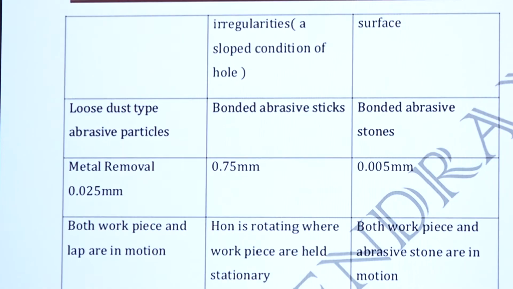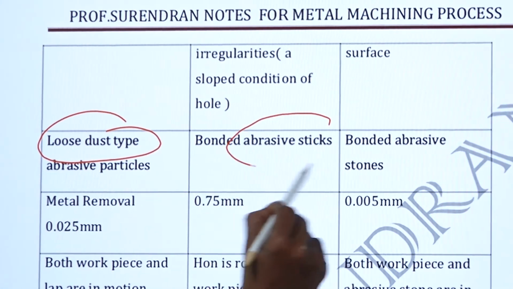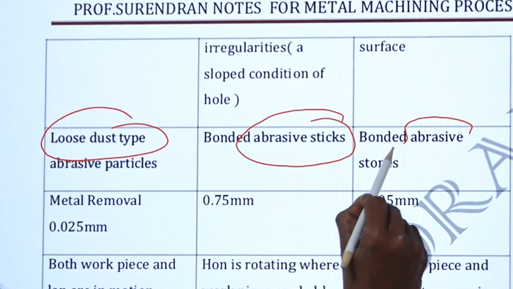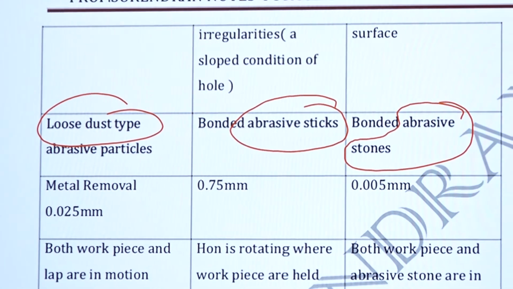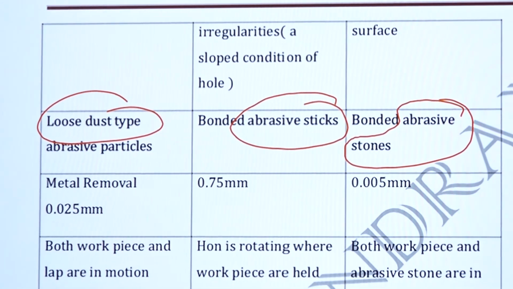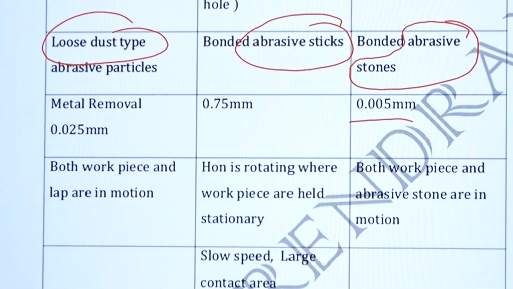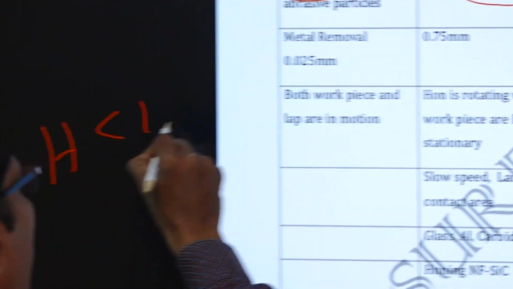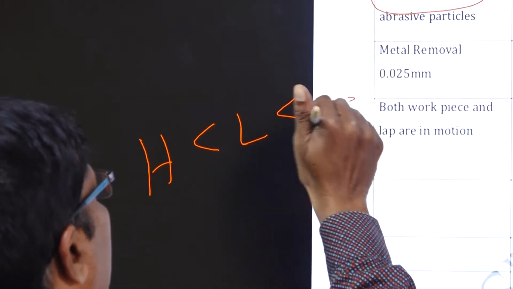In lapping, we use loose dust type abrasive. In honing, we use abrasive sticks. In super finishing, we use abrasive stones. In super finishing, the finish is better, and honing is lesser compared to lapping and super finishing.